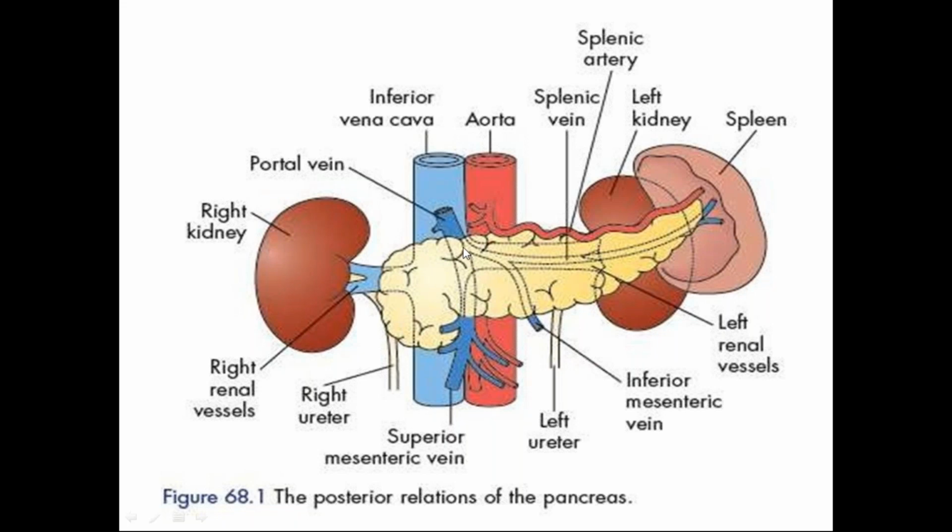Posterior are the major vessels, inferior vena cava and aorta. If you take a look at this picture clearly, you could appreciate that behind the neck of the pancreas are the splenic vein and the superior mesenteric vein, which join together to form the portal vein, the portal circulation.